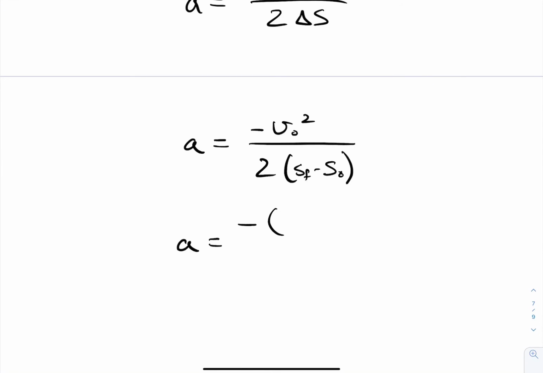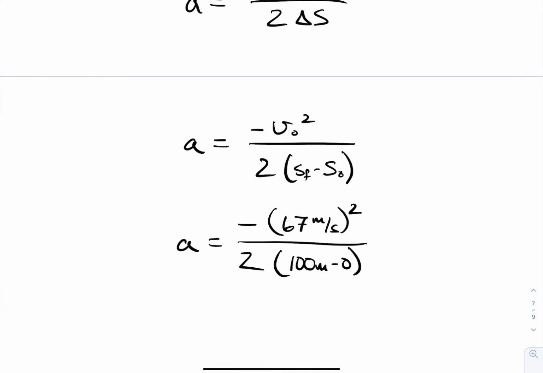Now we can substitute our values. So we have negative, and the negative's outside of the parenthesis because the square and the negative are independent operations on v sub o. So we have v sub o was 67 meters per second, squared, divided by 2 times 100 meters minus 0.